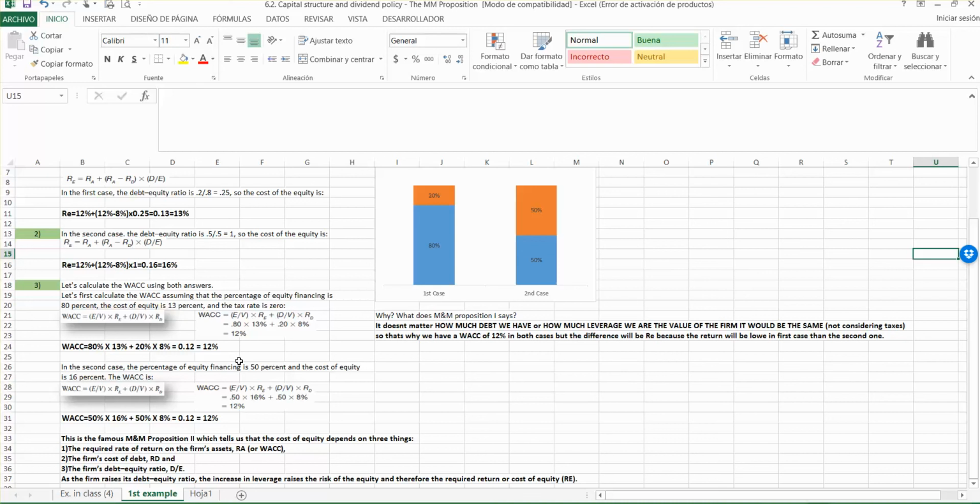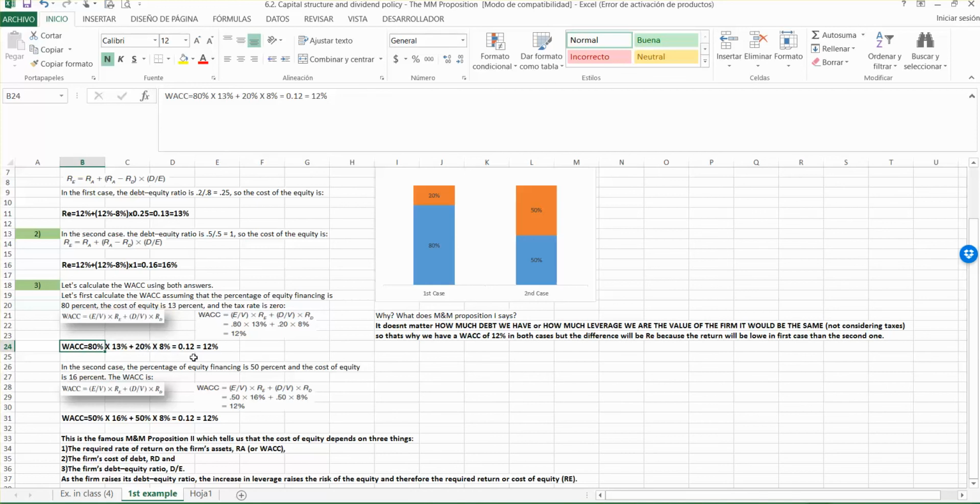Calculating the WACC using both answers, we have this: 80% multiplied by 13% plus 20% multiplied by 8%.